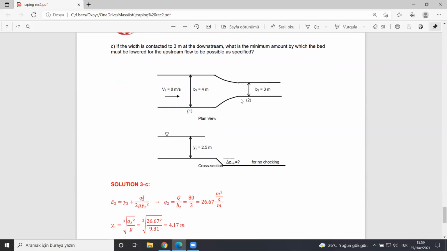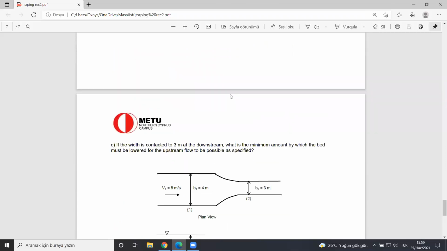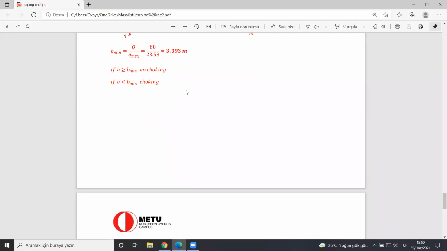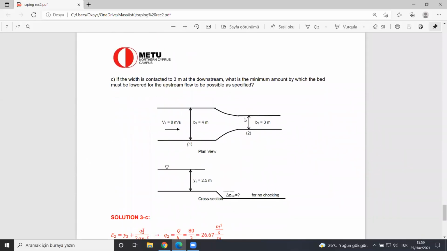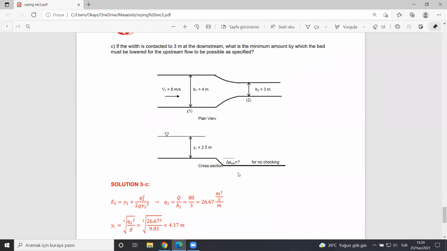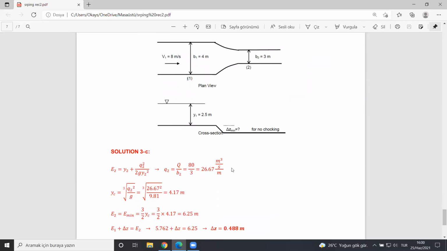So the question is basically saying if this width is contracted to 3 meters, which is less than our b minimum, we are going to experience the choking, but it asks how much this flow channel bed should be lowered so that we won't experience choking. So it's basically asking us delta Z minimum. So how can we start?